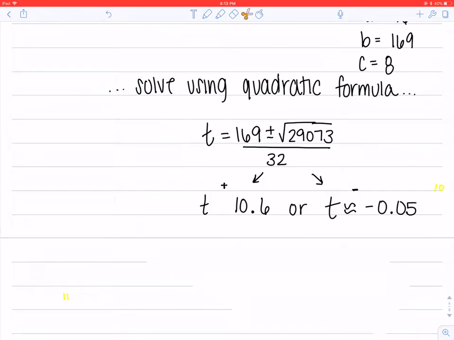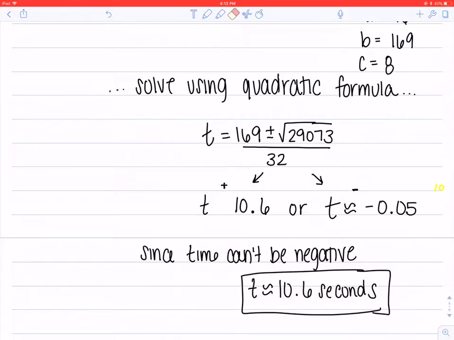Again, because t is time, if I said negative 0.05 seconds, that doesn't make sense. So I'm going to throw out that answer, and my final answer will be 10.6 seconds. So I shoot my arrow up in the air. After 10 and a little bit more, 10.6 seconds, the arrow is going to hit the ground.